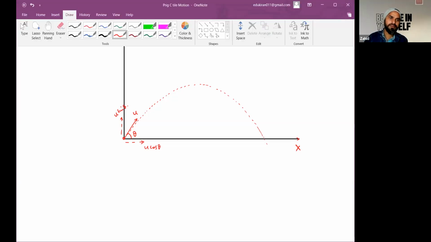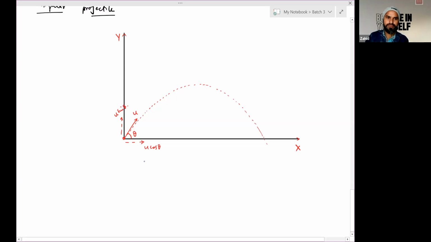Now, this body will move along two different directions. Initially, it is at this point. It will move along this horizontal path due to u cos theta. At some instant, it will be at this point, this point, this point, and finally it will reach this point.